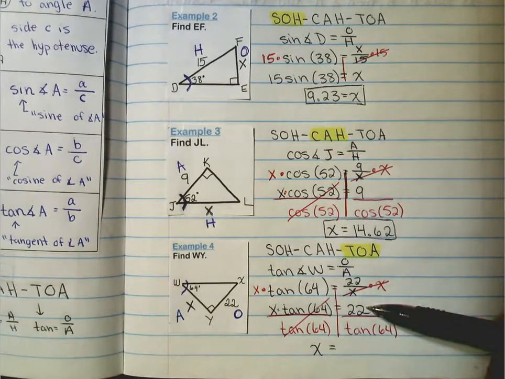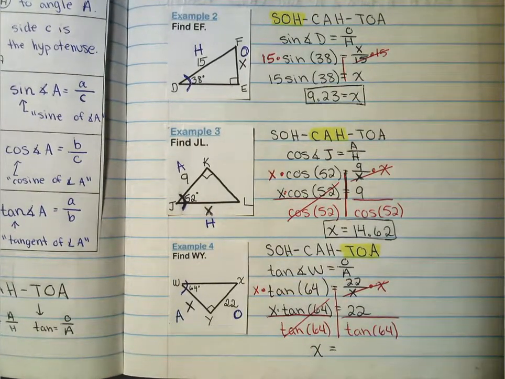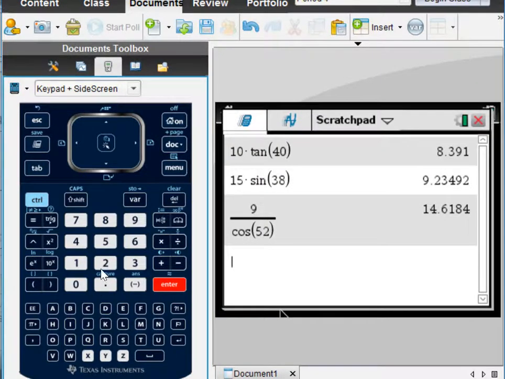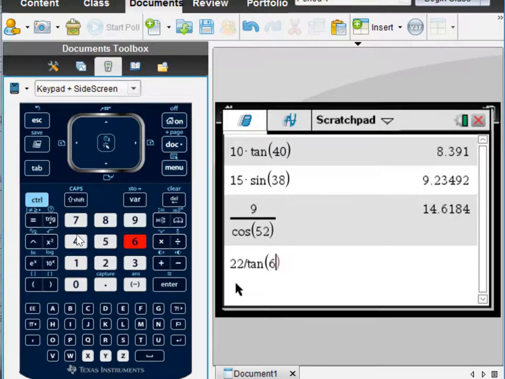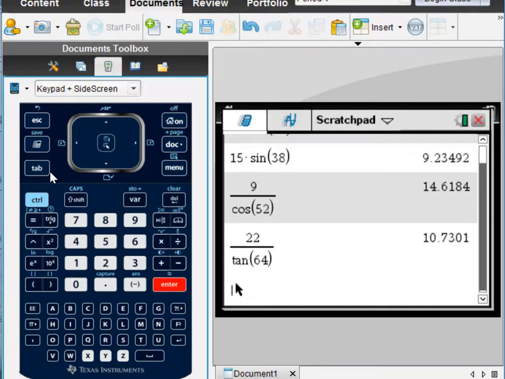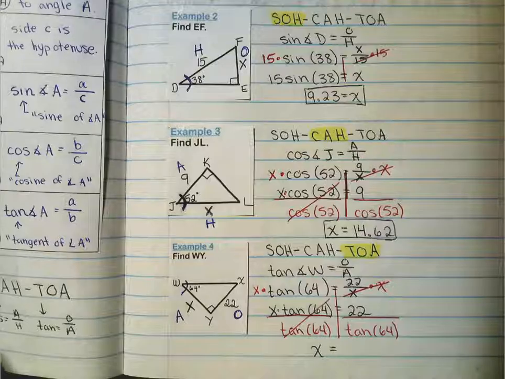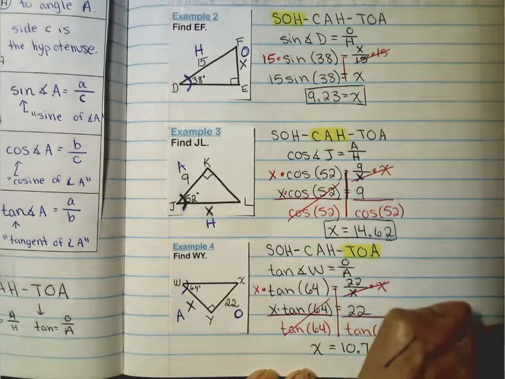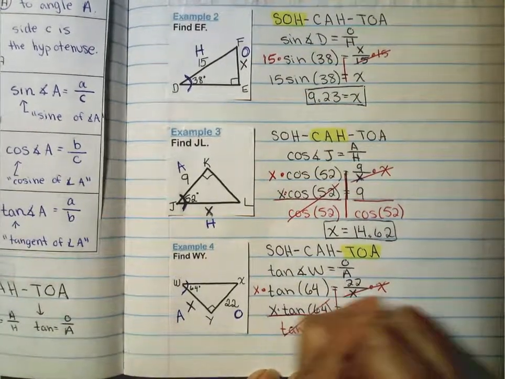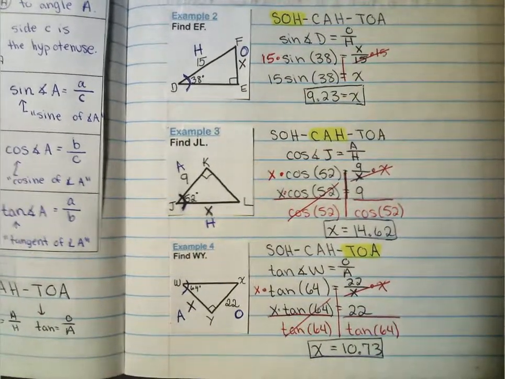I'm going to divide 22 divided by tangent of 64 in the calculator. 22 divided by tangent of 64, 10.73. So my final answer for example 4 is 10.73.